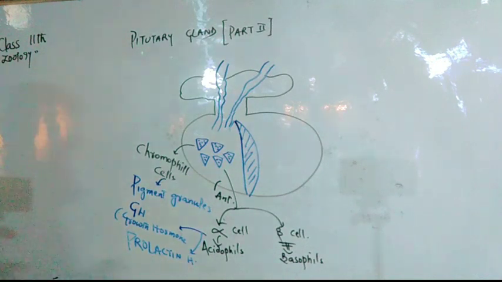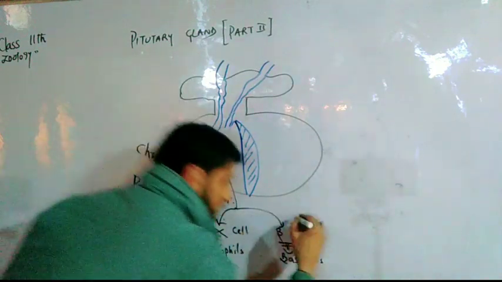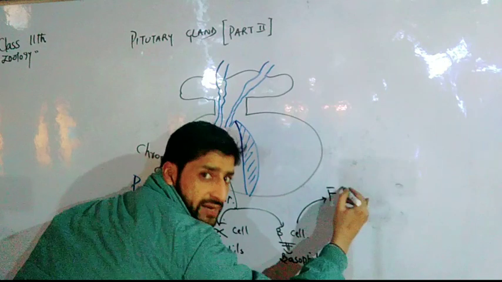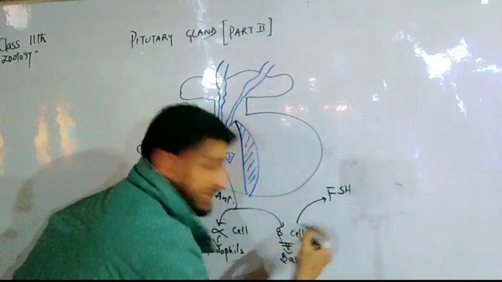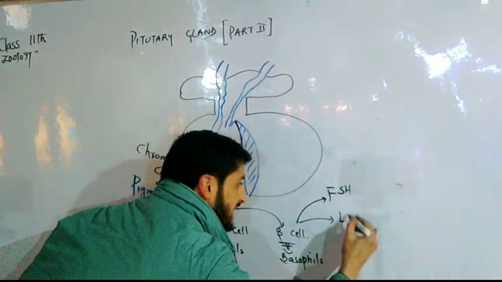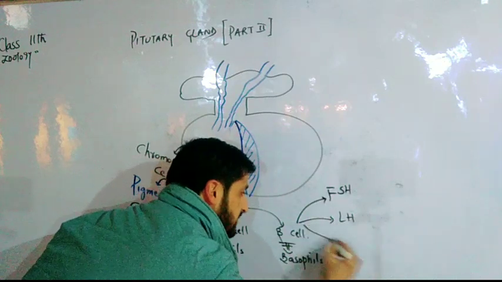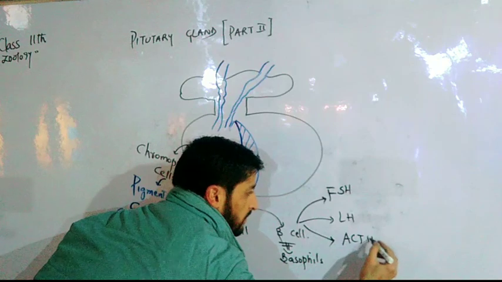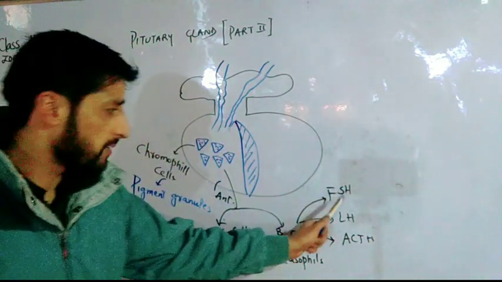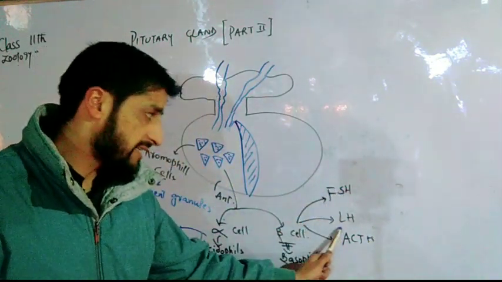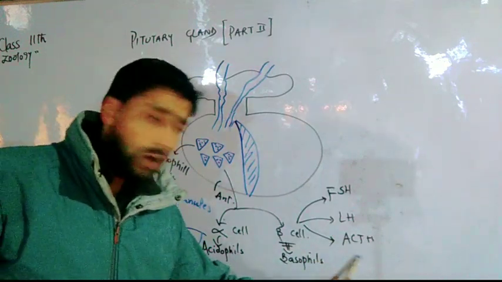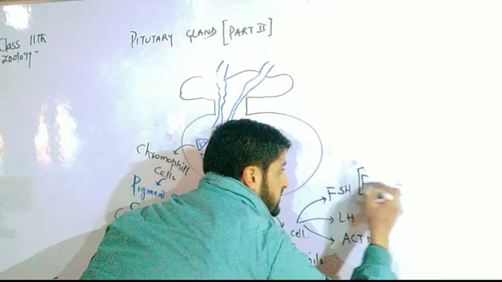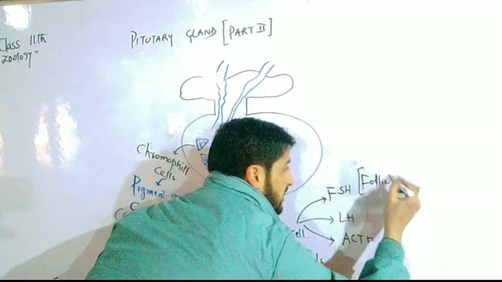While the beta cells are responsible for the production of special hormones. One hormone is known as FSH, the second is LH, the third is ACTH. Let me write here. FSH means follicle stimulating hormone.